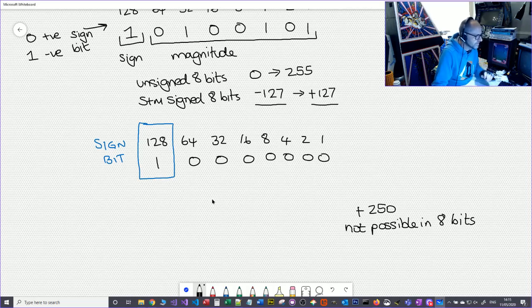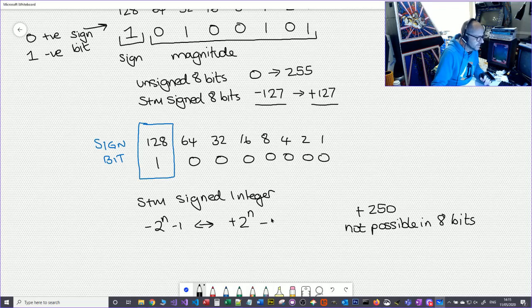So if we were to write this mathematically, for S and M signed ranges, it's going to be minus 2 to the power n minus 1 all the way up to plus 2 to the power n minus 1. Which is a bit complicated to remember, but just like the trick I showed you for the unsigned numbers, all you've got to do is look at the column heading.